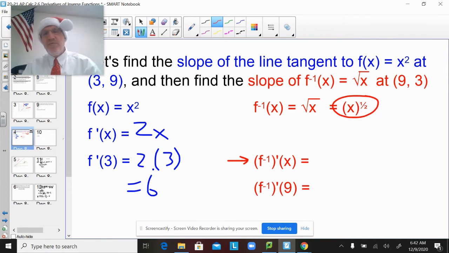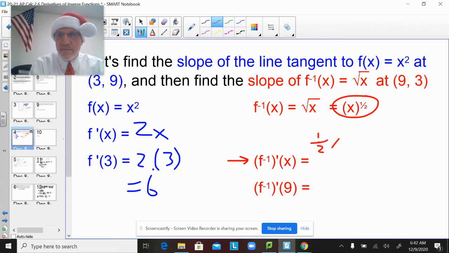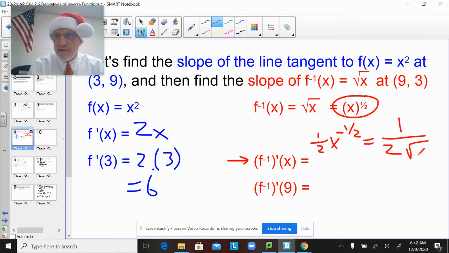So let's take the derivative of x to the 1/2. That is 1/2 times x to the -1/2, just using the power rule. And we've seen this derivative before; I could write this as 1 over 2 times the square root of x.